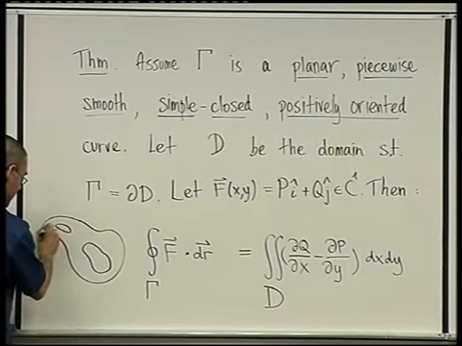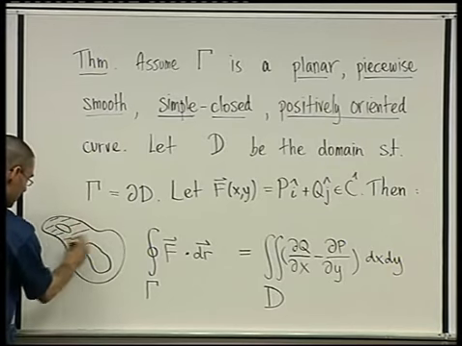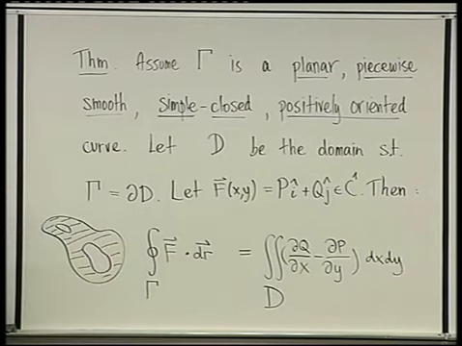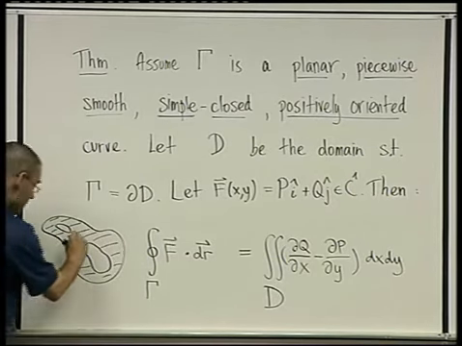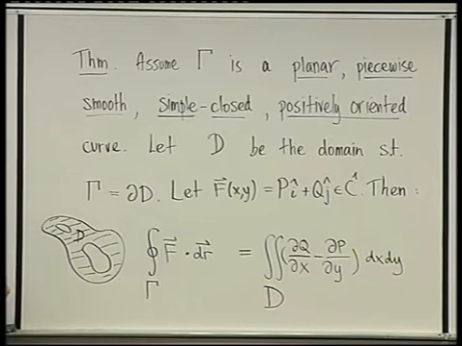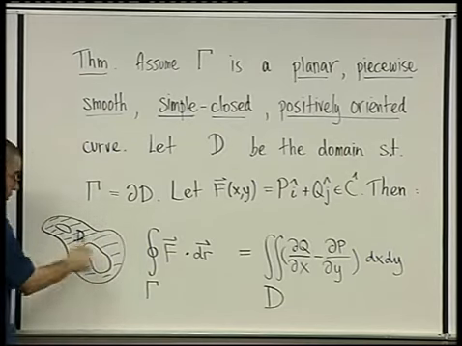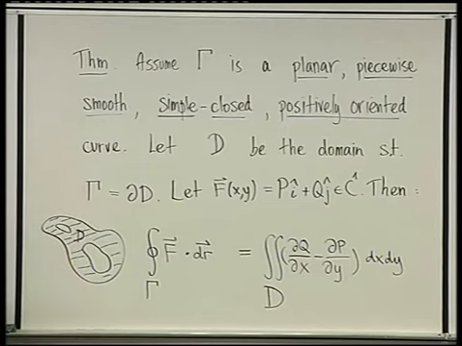So the domain is now this thing. Think of a lake with a couple of islands. So the domain is this thing. That's D. And the boundary of this domain is made up of three separate curves, right? This one and these two inner boundary curves, okay?